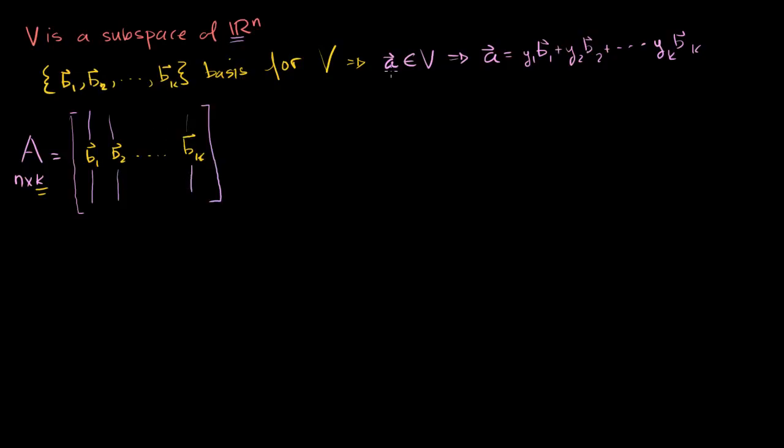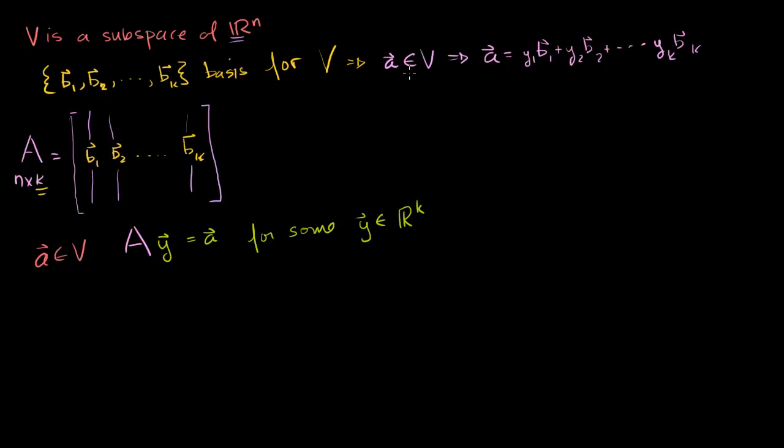Now, saying that any member of the subspace V can be represented as a linear combination of these basis vectors is equivalent to saying that any member a of our subspace V can be represented as the product of our matrix A times some vector y, where A times y is equal to a, for some y that is a member of Rk.